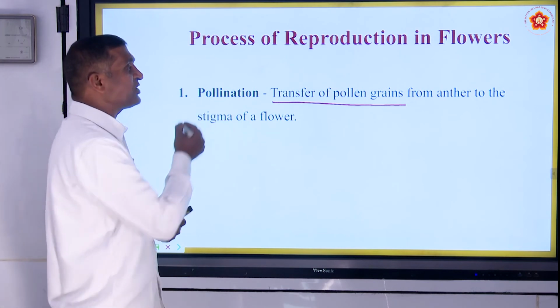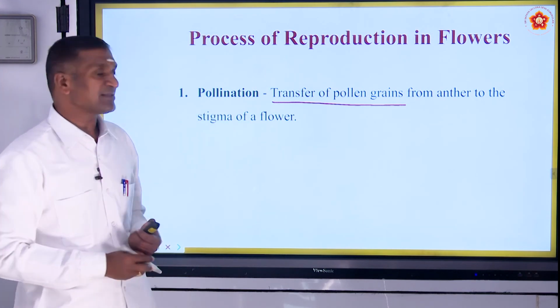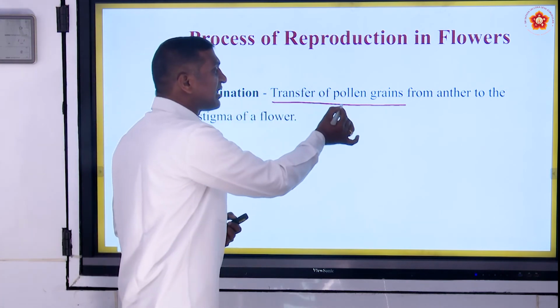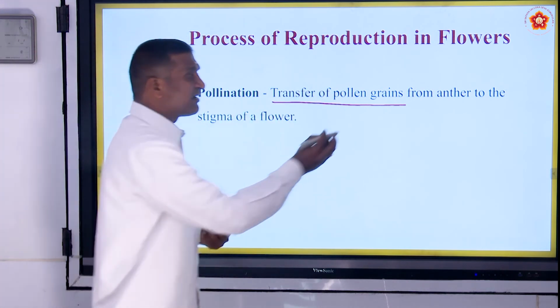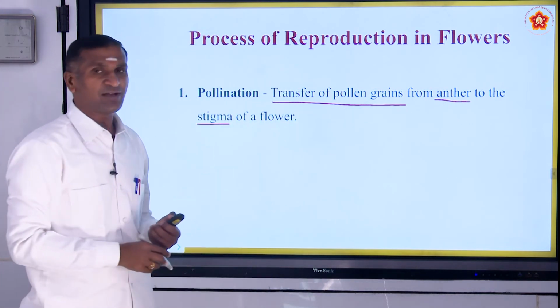So pollination, the first process in reproduction in flowers, is nothing but the transfer of pollen grains from the anther to the stigma of a flower.